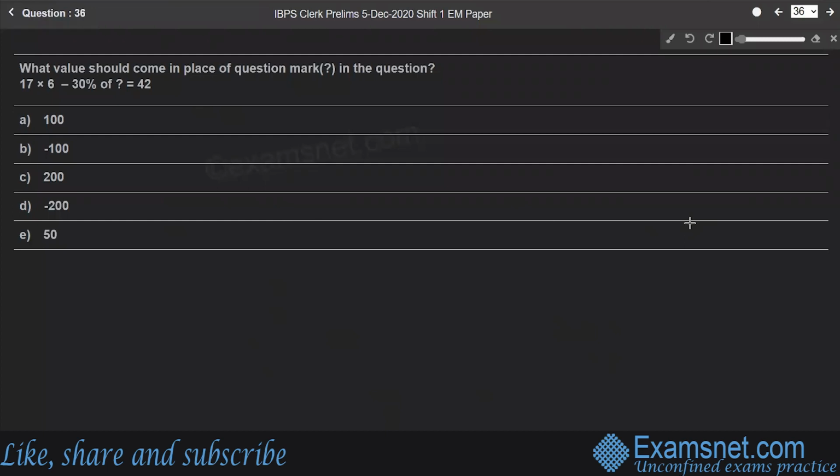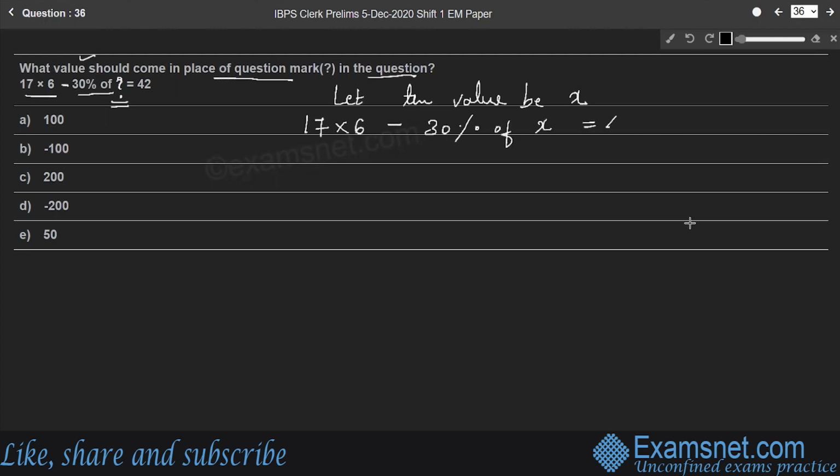Question 36. What value should come in place of question mark in the question? Here the question is 17 into 6 minus 30% of some value is equal to 42. Right? We have to find this value. So let us assume the value be x. It becomes 30% of x. Then the equation becomes 17 into 6 minus 30% of x is equal to 42.